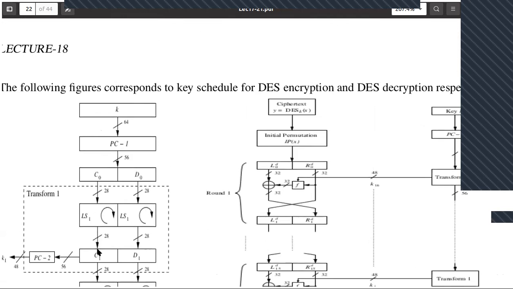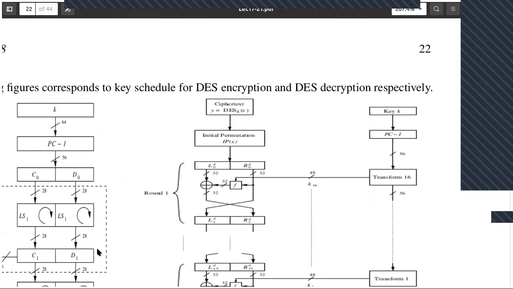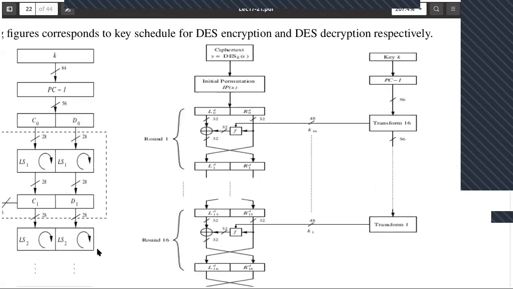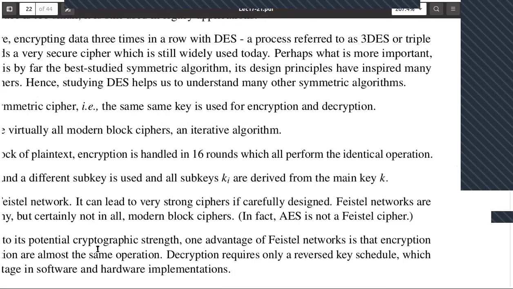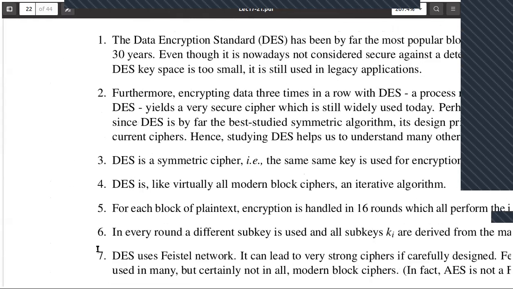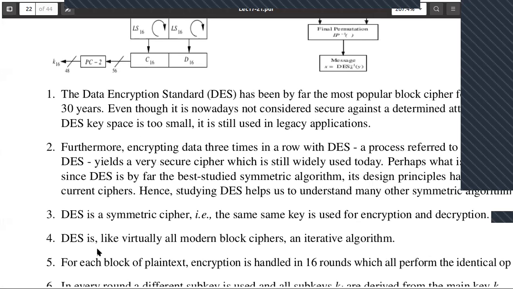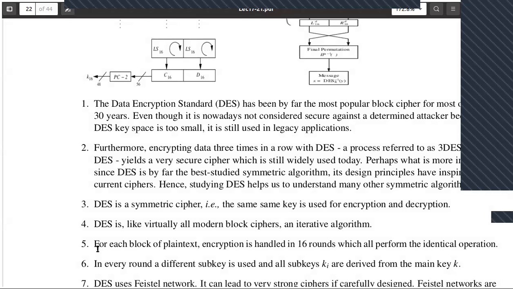Now coming to this: it is the entire picture, the key part as well as this part. Here I wrote some sentences.